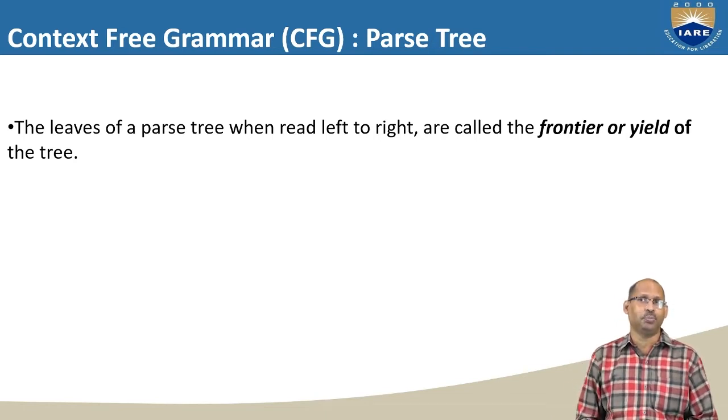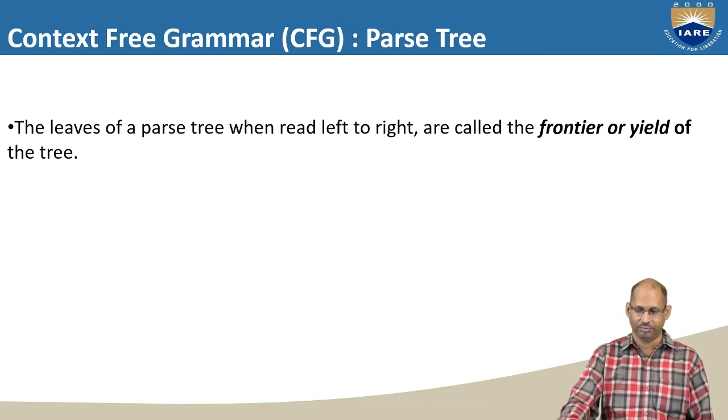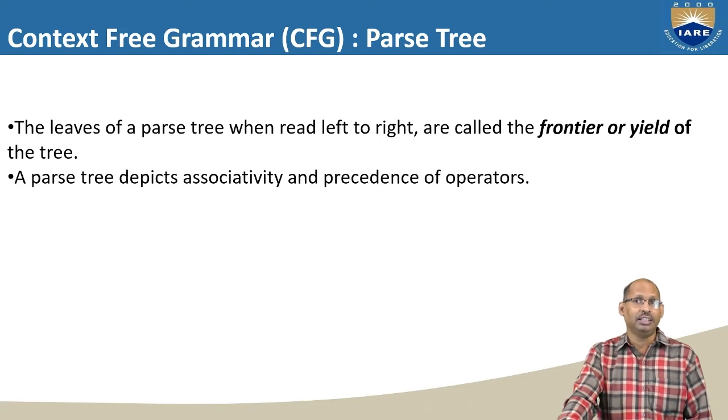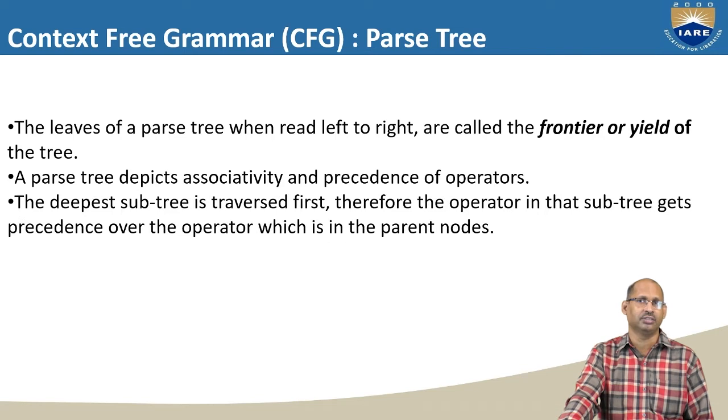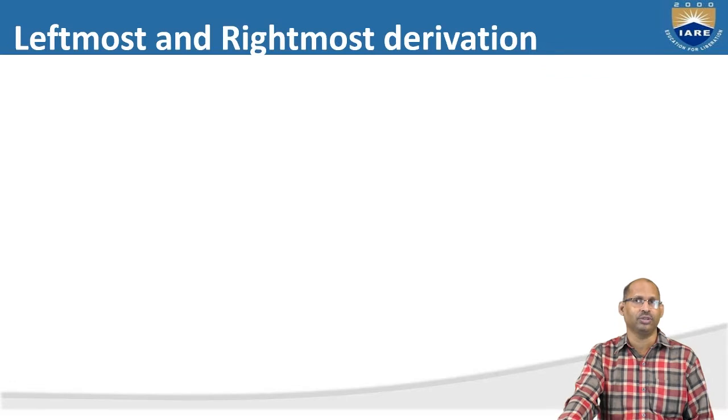The leaves of the parse tree, when read from left to right, are called the frontier or the yield of the tree. Right? A parse tree depicts associativity and precedence of the operators. The deepest subtree is traversed first. Therefore, the operator in the subtree gets precedence over the operator in the parent node. Right?